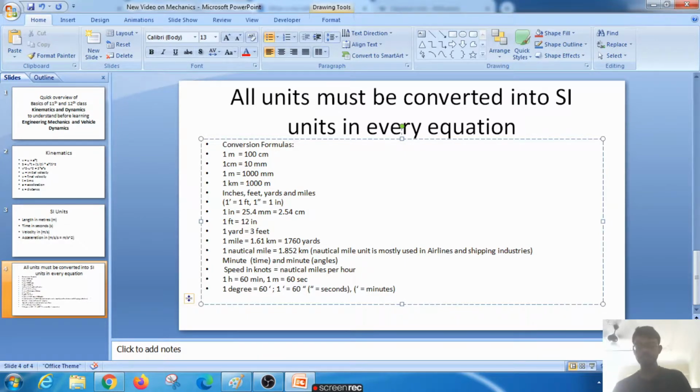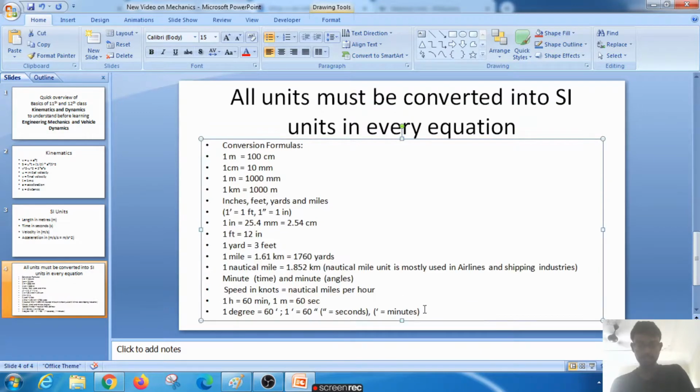So based on the question, we need to understand whether it is talking about distance, or time, or degrees, right? So based on the question only, you need to interpret this. It is slightly confusing, but you need to make sure that you are perfect in all these units.